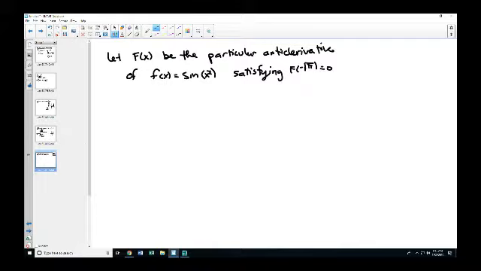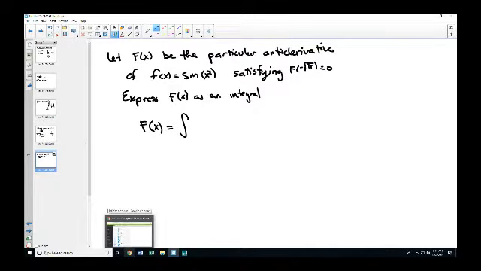Express big F of x as an integral. So we want to have big F of x as an integral.